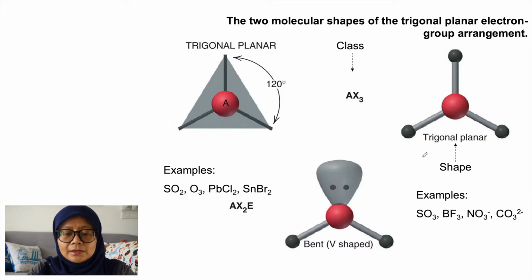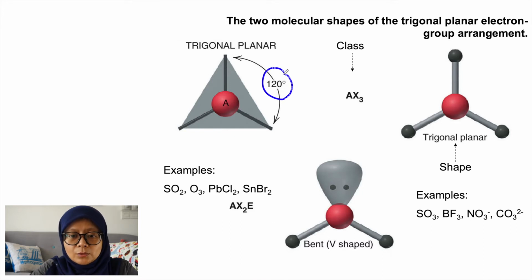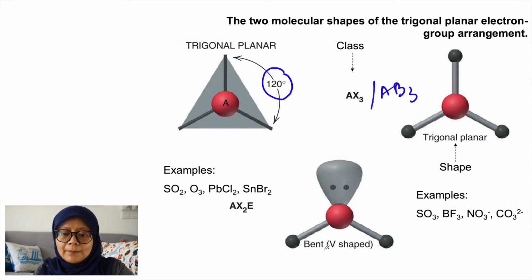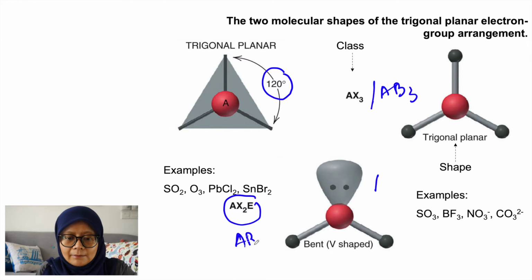So these are the 2 molecular shapes that we have discussed: trigonal planar and the bent or V shape. For the trigonal planar, we must have 120 degrees, and the class is AX3 or AB3. For the bent shape, it becomes AX2E or AB2E, with the presence of 1 lone pair on the central atom.